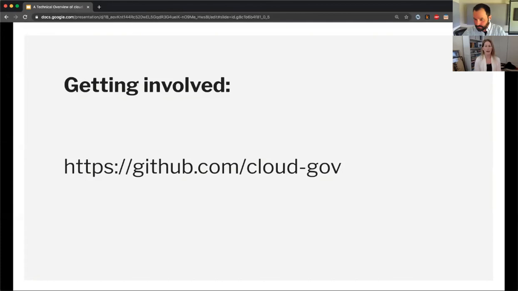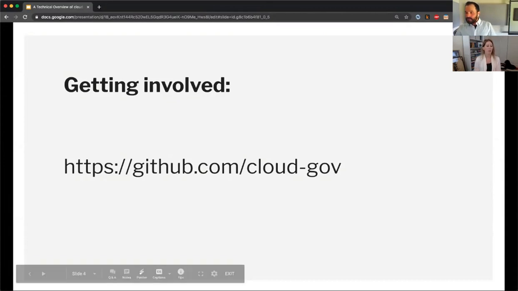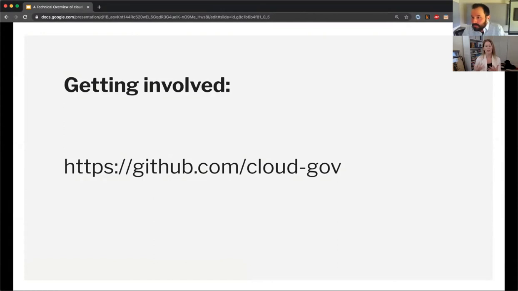When we look at feature requests, we take into consideration the demand from our customers, as well as any evolving technology or technical matters, as well as business concerns and the needs of our customers. If there is a feature that you're interested in, you can definitely submit it to our GitHub repos, and that's something that we monitor and keep an eye on.